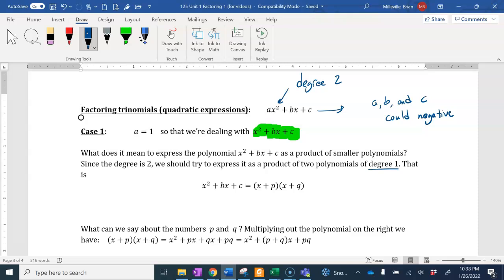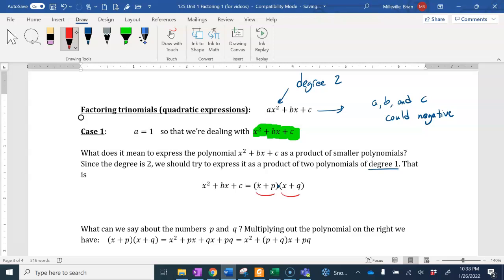Now again, what we want to see is that we can write this as a product of two smaller polynomials. In between these parentheses, I'm just going to put a little dot for multiplication. Now we're going to multiply the right-hand side out. If it's going to be possible to factor, we have to have a linear polynomial times a linear polynomial.